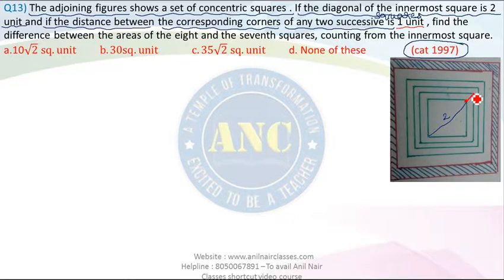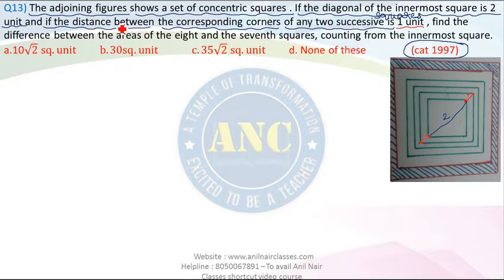The distance between these 2 points is given as 1 unit. Similarly, this particular point and this corner of the next square, the distance is 1 unit.